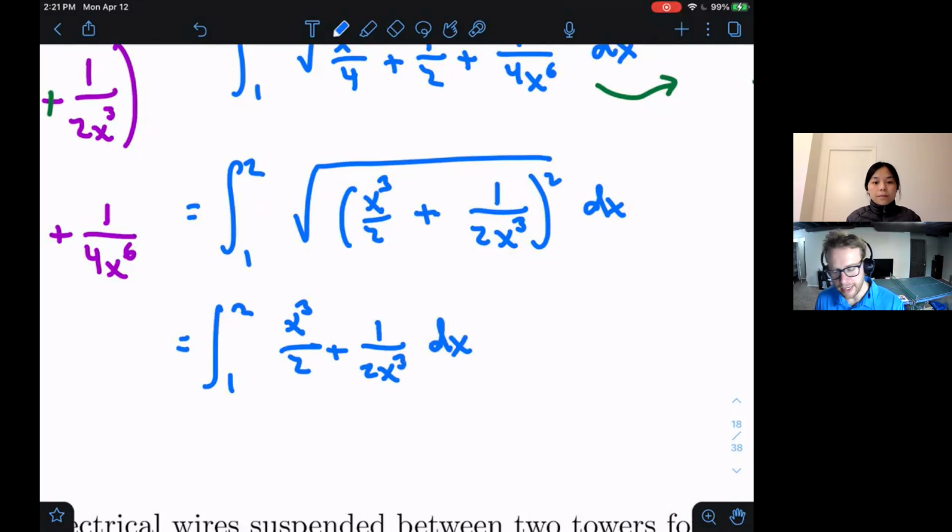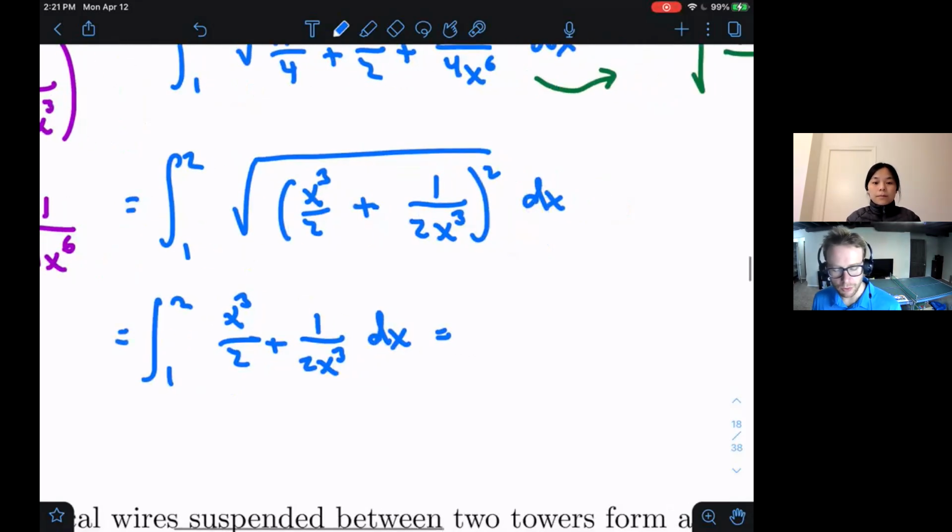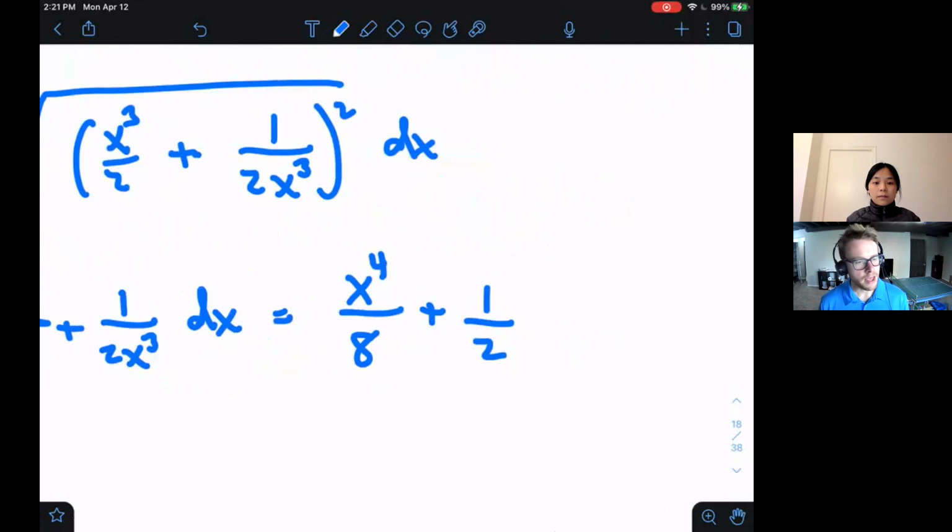Now we can go ahead and integrate this just using the power rule. So we're going to have x to the 1/4 divided by 4, but there's already a 2 down there. So it's going to be an 8 altogether there. And let's see, when we integrate this, I'm going to make the 1/2 off to the side there. And remember, this is x to the -3. So we need to raise our power by 1, and then we divide by the new exponent.